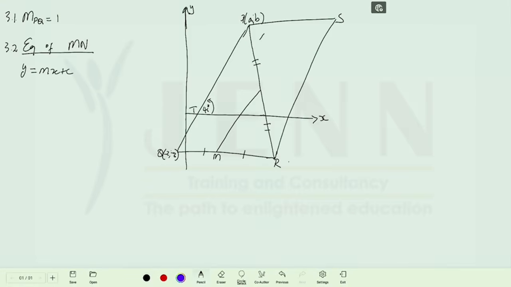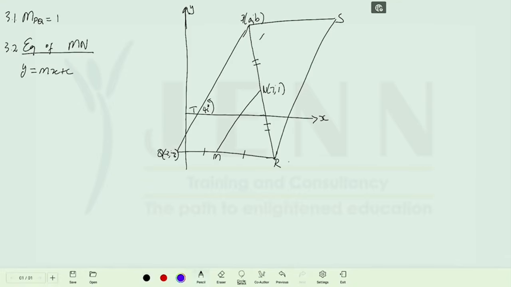In summary, what did the midpoint theorem say? I will use this example. PN is equal to NR, and MR is equal to QP.